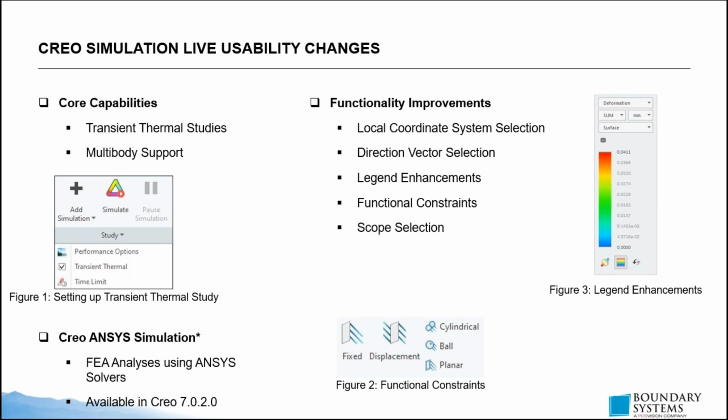But the difference is these are going to be using the ANSYS solvers, the technology that's been developed over decades. It's now going to make its way into the Creo platform. Again, we won't be able to show that because it's coming in Creo 7.02, but we'll show some things in terms of the Creo Simulation Live usability changes.